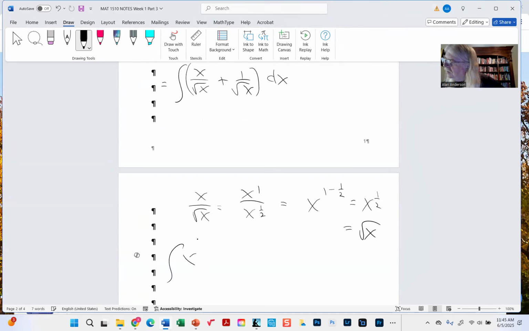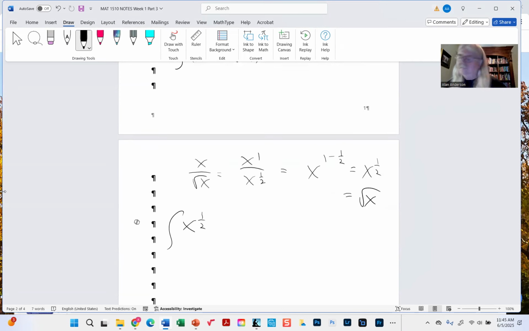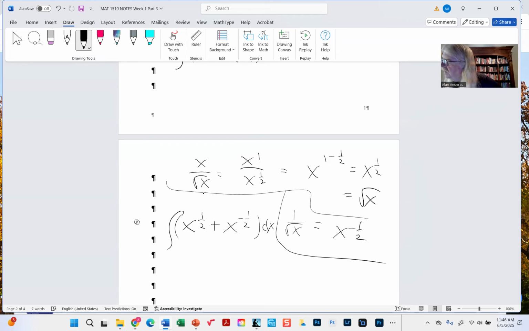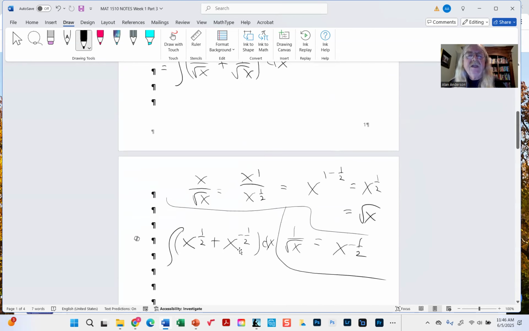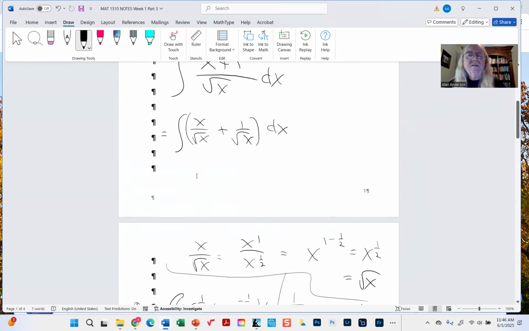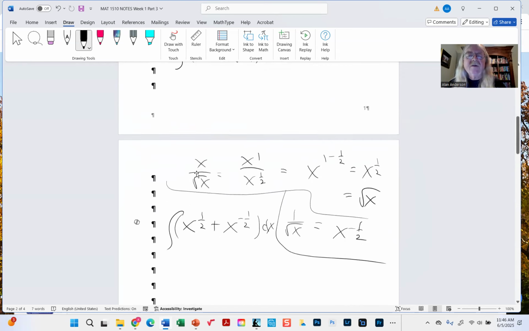Now, the second one, 1 over radical x, is the same as x to the negative 1/2 power. So in other words, the original expression, this really awful thing, can be simplified to the integral of x to the positive 1/2 power plus x to the negative 1/2 power dx.